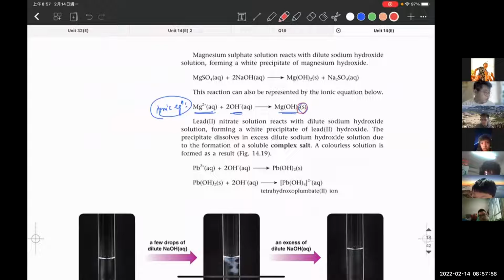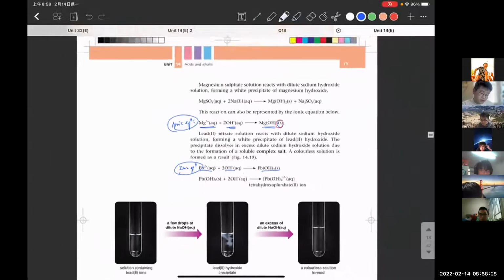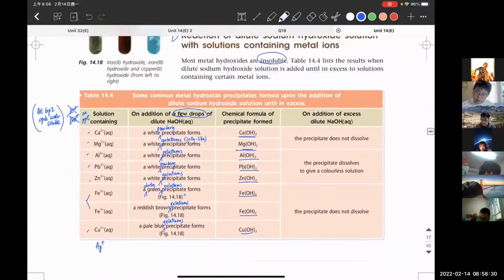So similarly, if I change it to lead-2 ion, aluminium ion, zinc ion, if I add it with hydroxide to form its hydroxide PPT, the reaction is more or less similar. Okay, is that clear? It's the ionic equation.